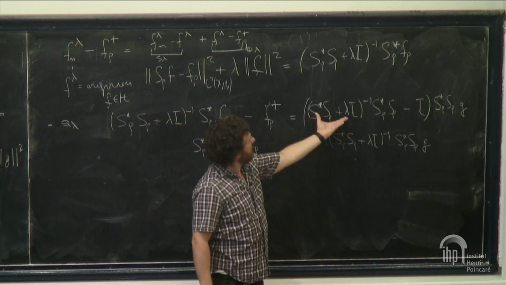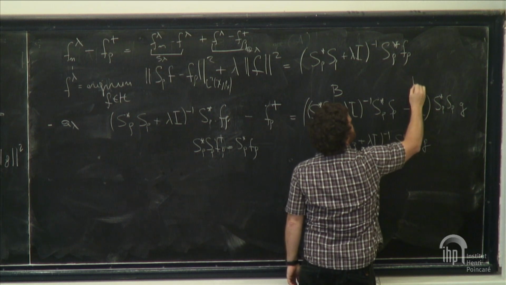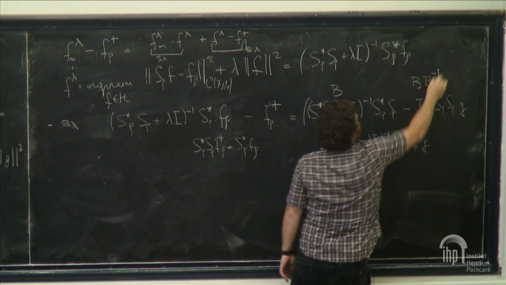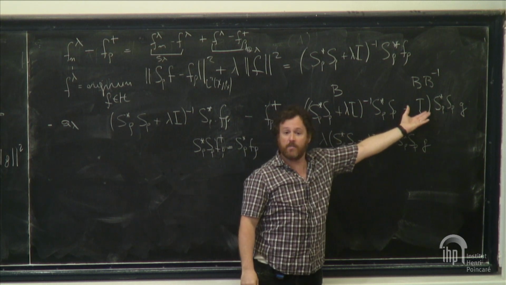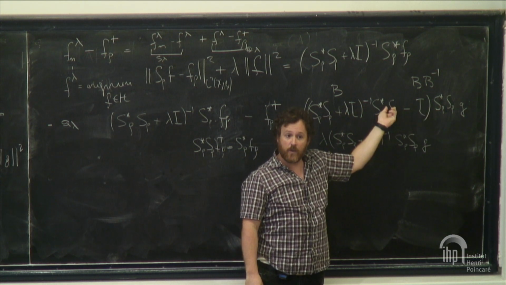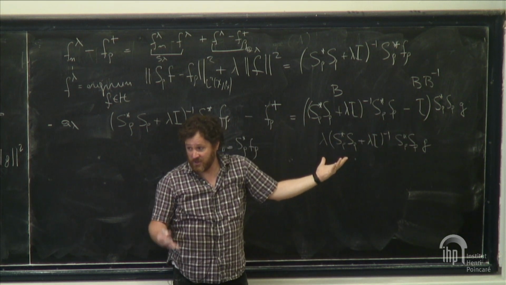So you basically call this B and write here B to the minus 1. So you get this thing that multiplies S star plus lambda. You can simplify one step and you get an extra lambda. I'm going a bit quick because it's not so important.